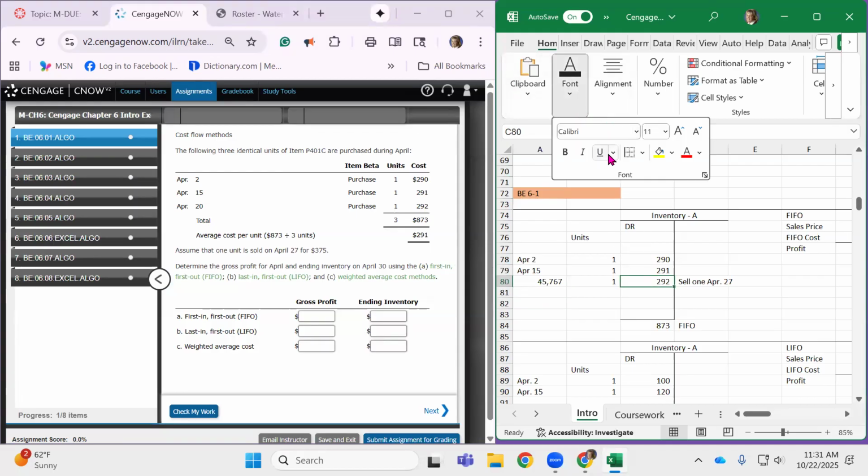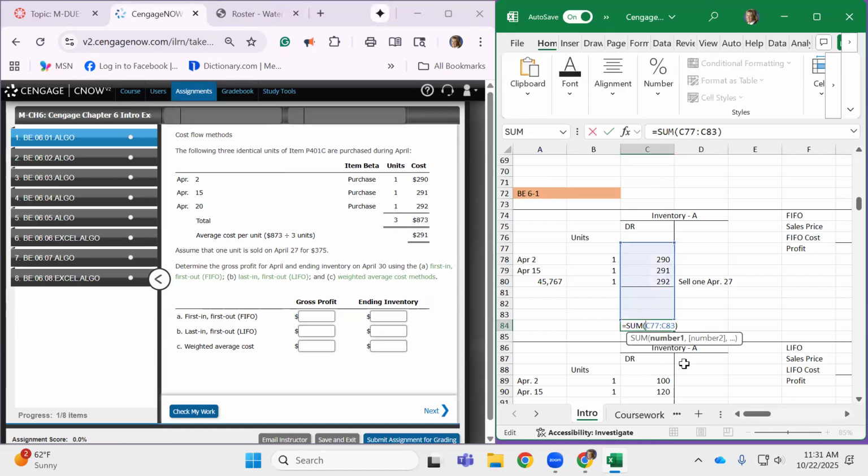We had 3 items to sell from, right? I'm going to add these up right here. They all add up to $873. And we sold one.